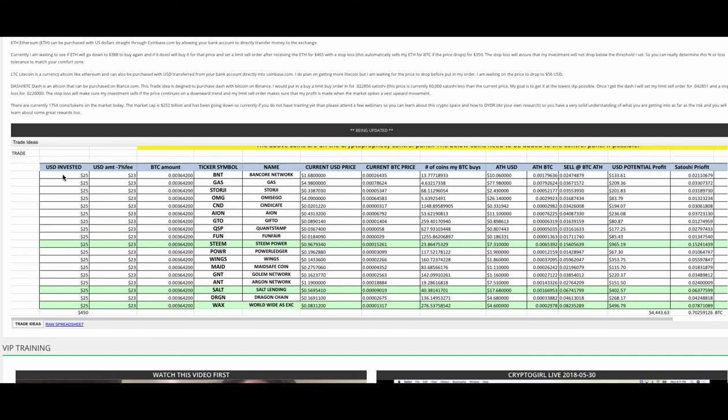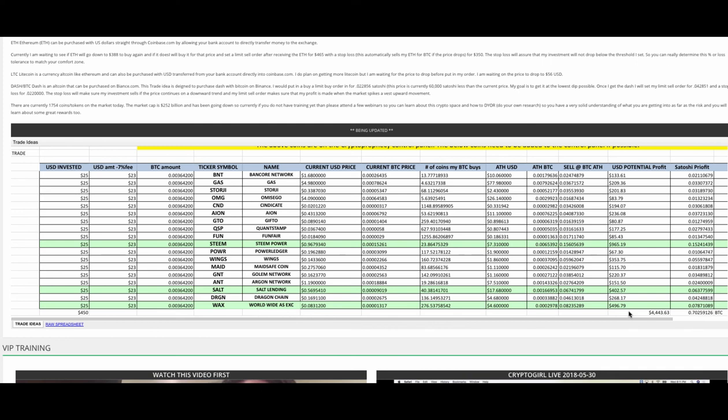And one other thing, this is kind of exciting. I calculated, if you bought each one of these coins and you just put $25, that's only $450. And then I added up the potential profit if these go back to the all-time highs, which typically the market moons like the last 2 weeks in December and the first week of January.